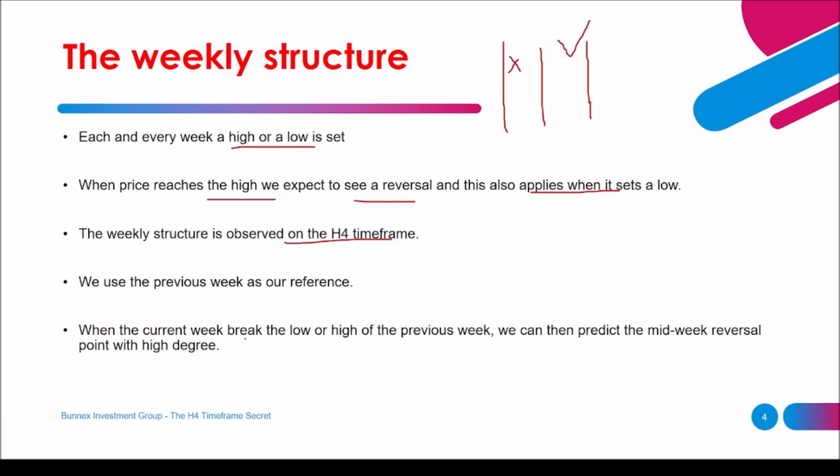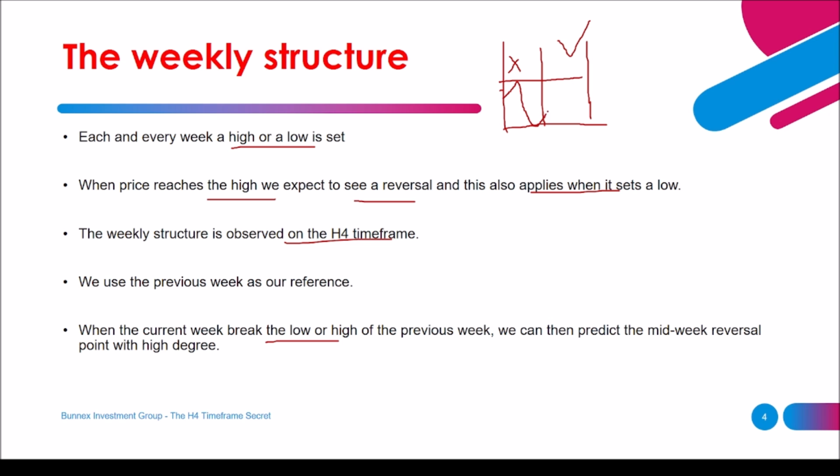When the current week breaks the low or high of the previous week, let's say we have movement of price like this. This is high of week and this is low of week. We can predict the midweek reversal of that current week with a high degree of probability.